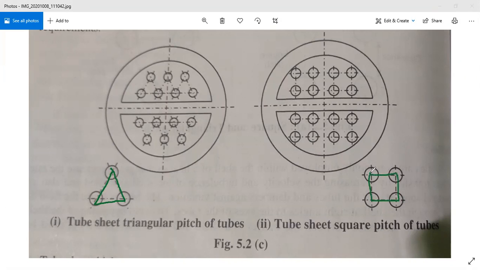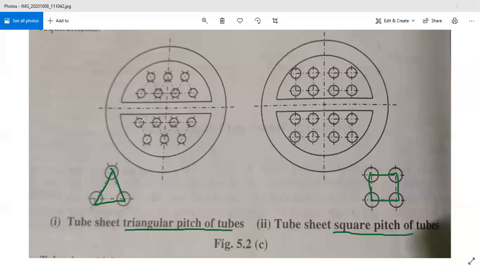So these tubes can be incorporated in the tube sheets with the help of a triangular shape arrangement or a square shape arrangement. On the basis of these shapes itself, this is called the triangular pitch tube sheet arrangement, and this is the square pitch tube sheet arrangement. So what exactly is the pitch?